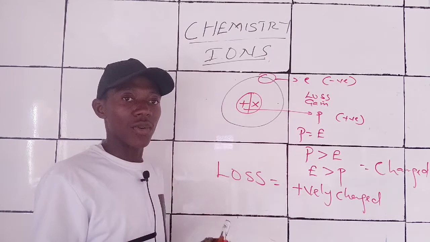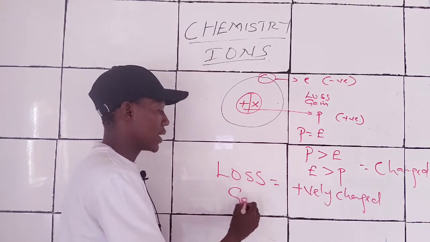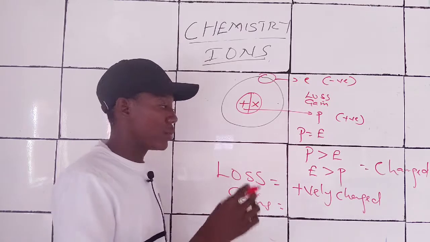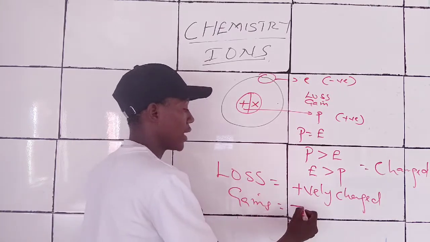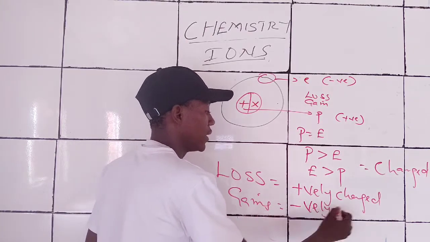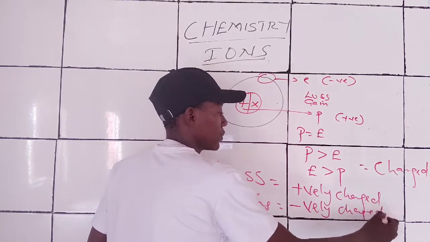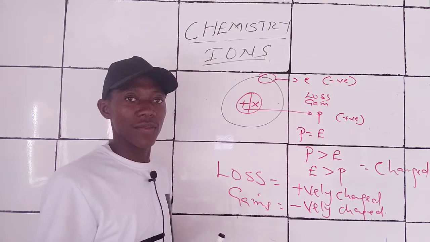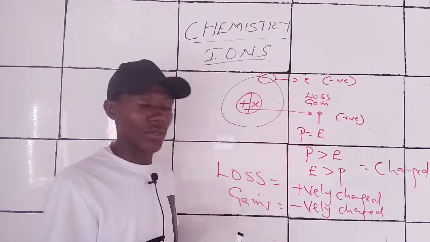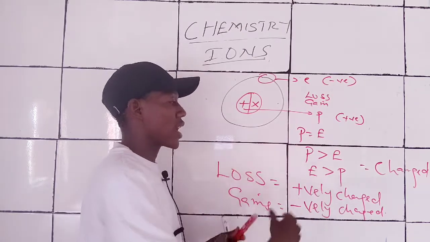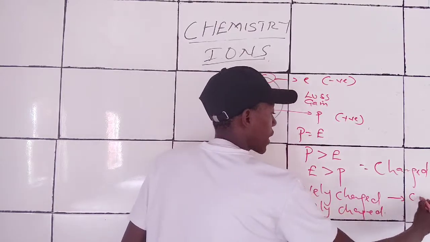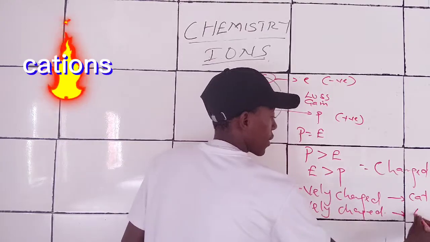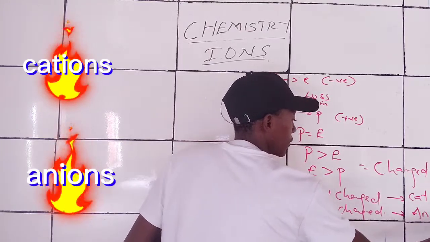If the atom gains an electron, the electrons will be more than the protons, so the atom tends to be negatively charged. So it is positive if you have more protons, and it is negative when you have more electrons. The positively charged atoms are called cations, while the negatively charged atoms are called anions.